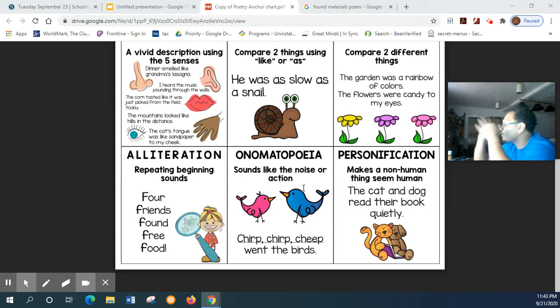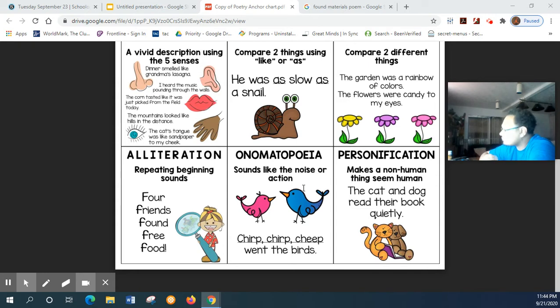So next one is personification. Makes a non-human thing seem human. The cat and the dog read their book quietly. Can cats and dogs read books? Absolutely not.